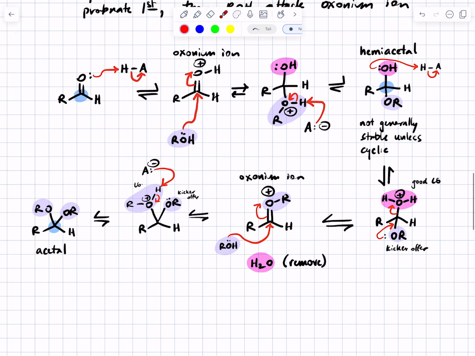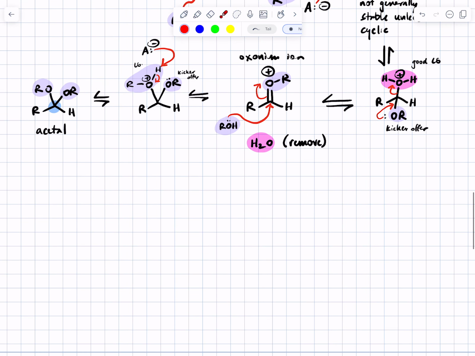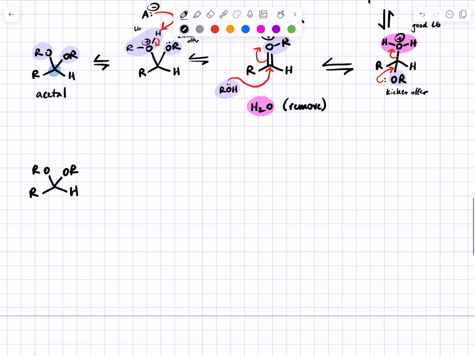One thing that you should do is practice acetal hydrolysis. That is, you can start with this acetal as a starting material, and you can use water, an excess of water, and some acid catalyst.